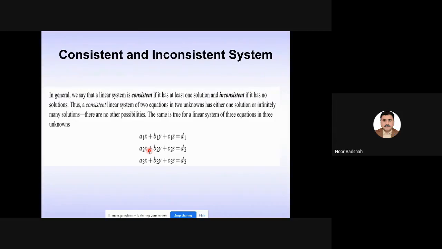So a system with one solution or many solutions is called consistent, and a system with no solution is called inconsistent.